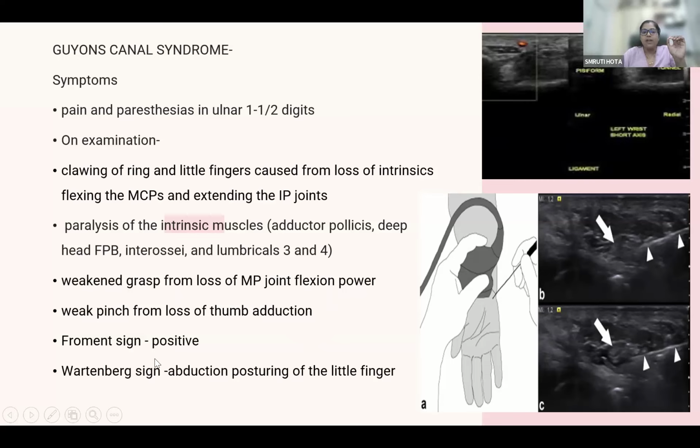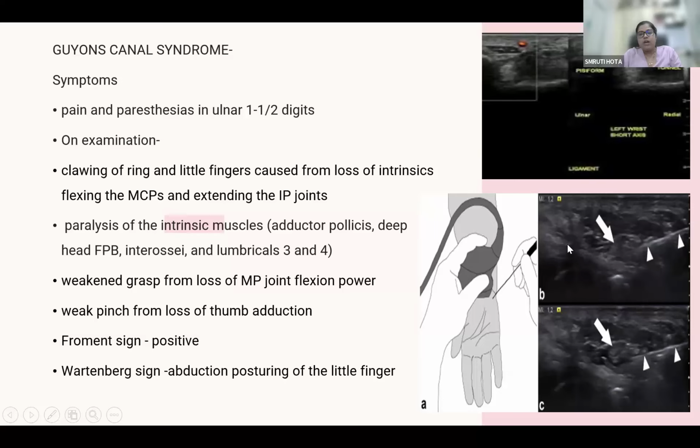And Froment sign is positive, and Wartenberg sign is positive. Wartenberg sign is abduction posturing of the little finger. And you can go for hydrodissection of the nerve at Guyon's canal. You put a linear probe from the ulnar side and come from lateral to medial, as it is very superficial.